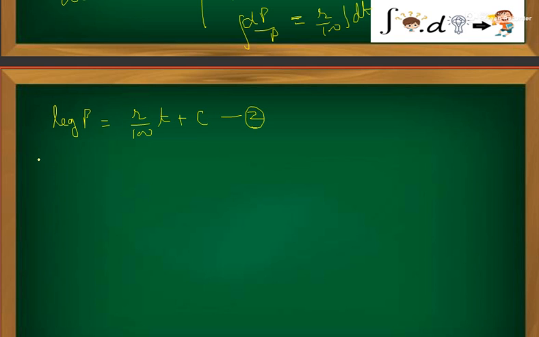And now it is given initially, suppose P naught is the initial principal when t is equal to 0.